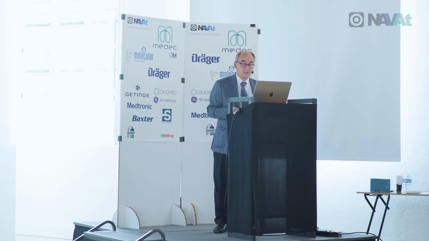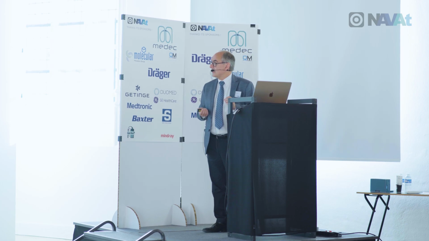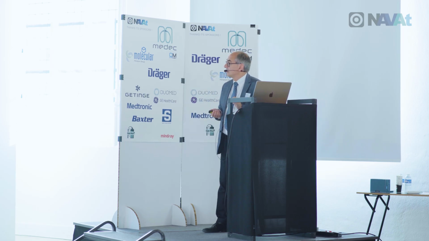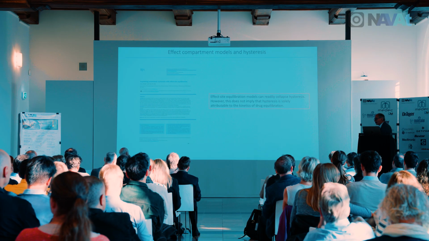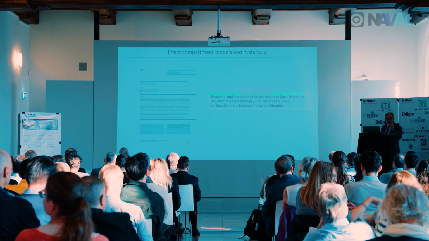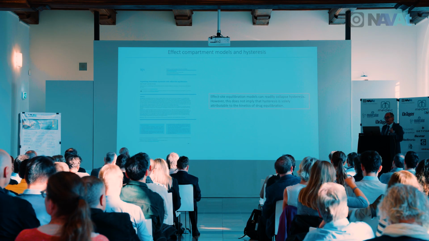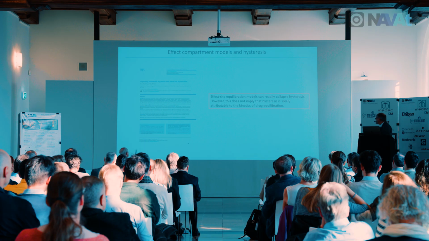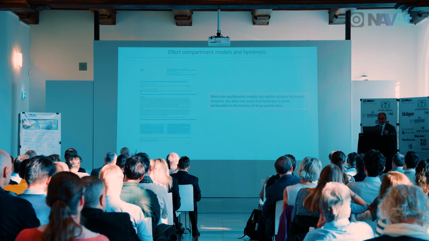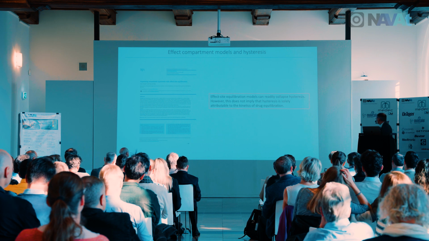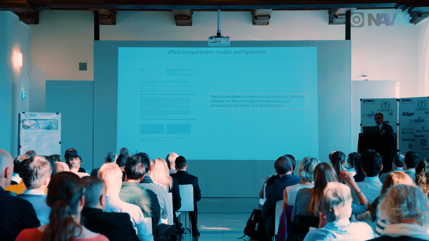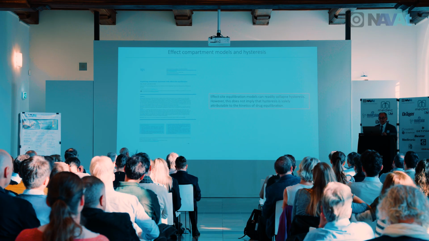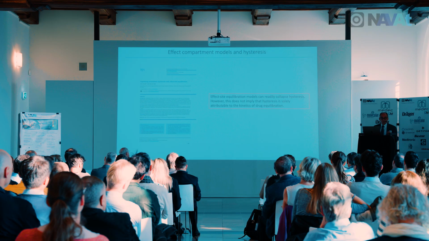And they aren't. So, effect site equilibration can tell you something about the time delay. But there is more. It does not imply that the hysteresis, because it still existed in the patch clamp examples of Beatrice's studies in Boston, is solely attributable to the kinetics of the drug equilibration. There is something happening at the cellular level.